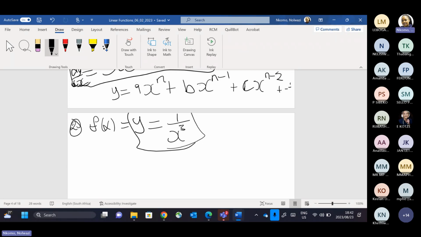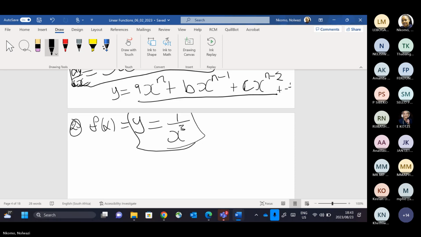We said if we have something like this and we are asked to differentiate, we need to apply the power rule, which is the only rule that I've been teaching so far, right? If you are given a function like 1 over x to the power 3, you need to apply the rules of exponents again, the ones that you were told in grade 8.